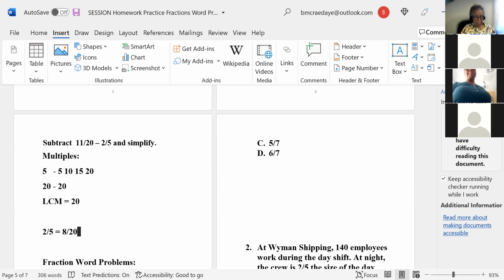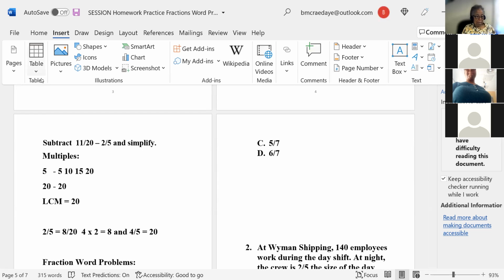You see that, Mercedes? Yes. 4 times 5 is 20. 4 times 2 is 8. So let me just write what I just said. 4 times 2 is equal to 8, and 4 times 5 is equal to 20.